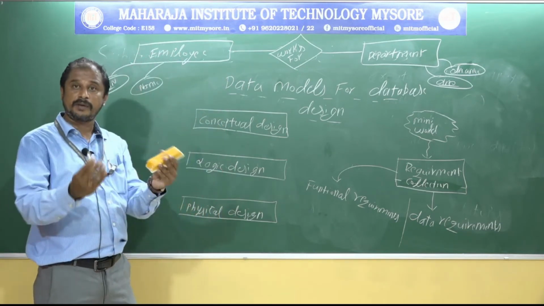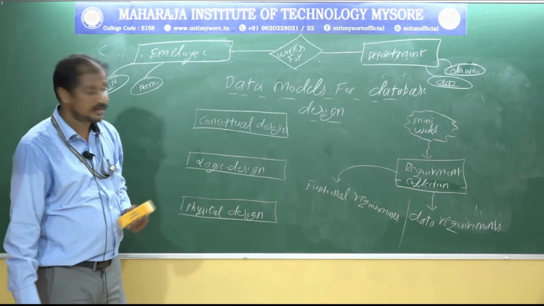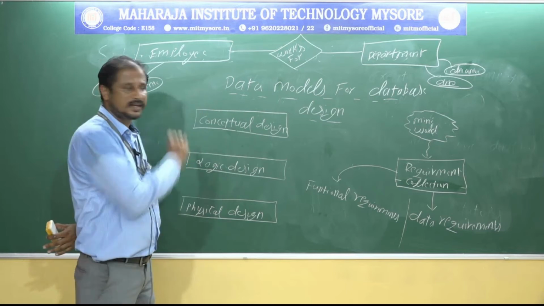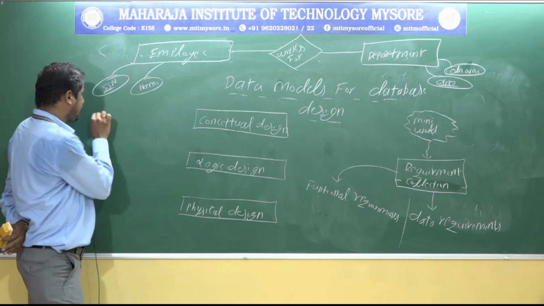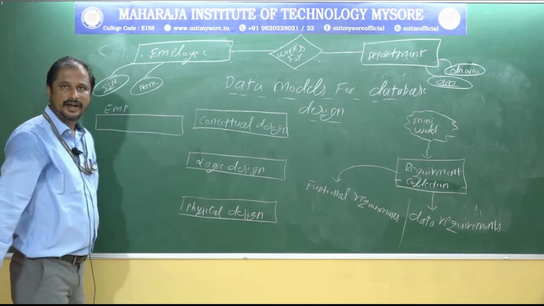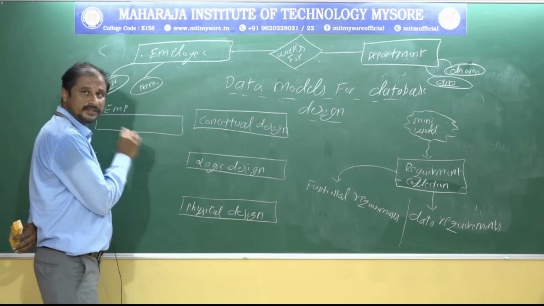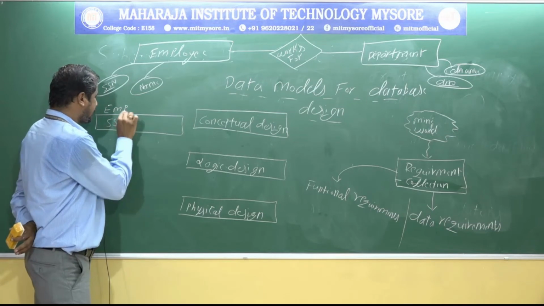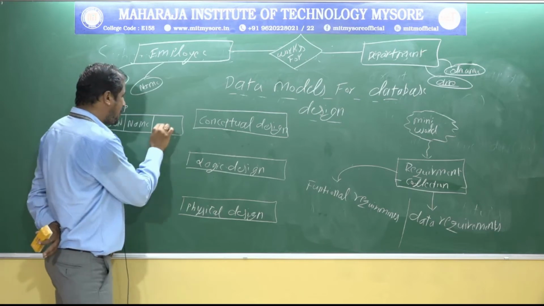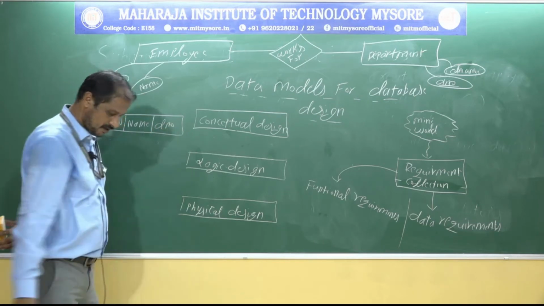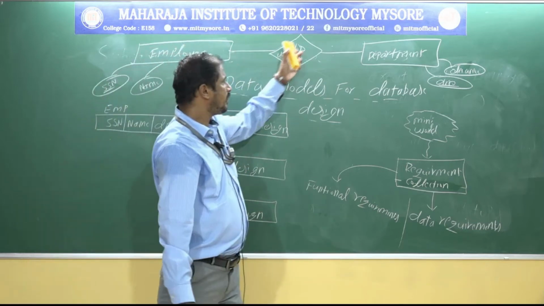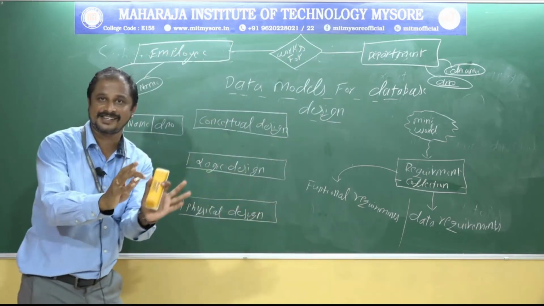Then I want to speak about logical design. So I will go with a table. Employee as a table with SSN, name, and department number. So employee works for department; I'm building a relationship there.